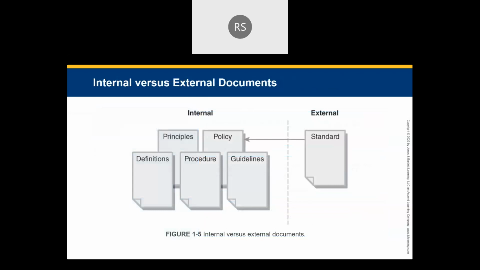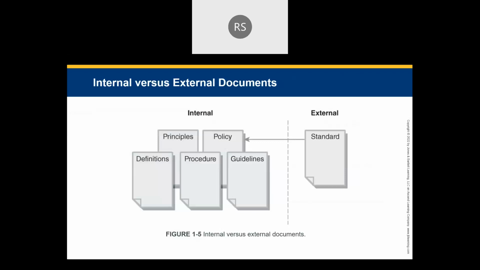One of the differences you'll see between standards and policies is that policies are internal documents. They're created and used within an organization for internal purposes. These documents are typically meant for internal communications, record keeping, decision making, policies and procedures, and so forth.